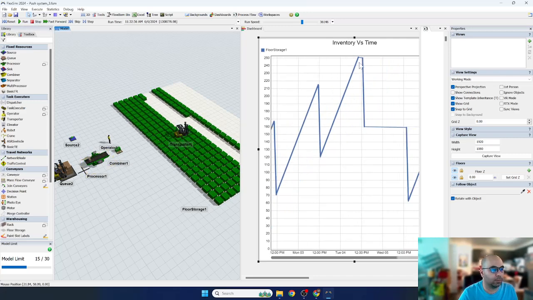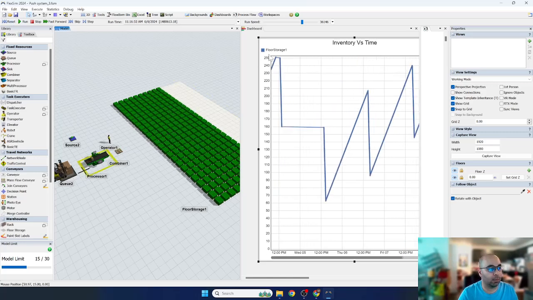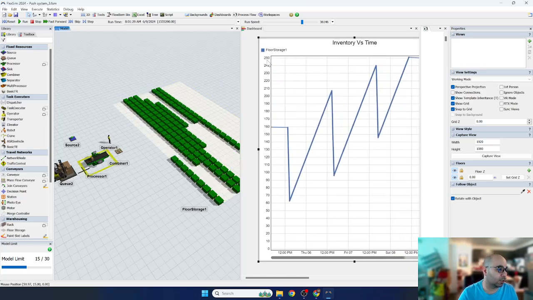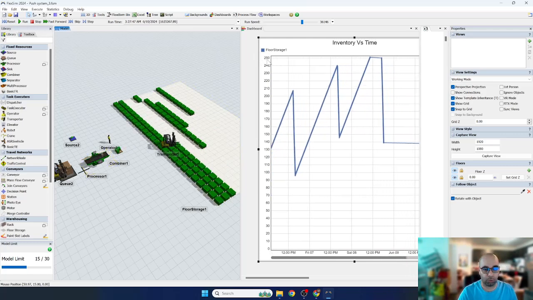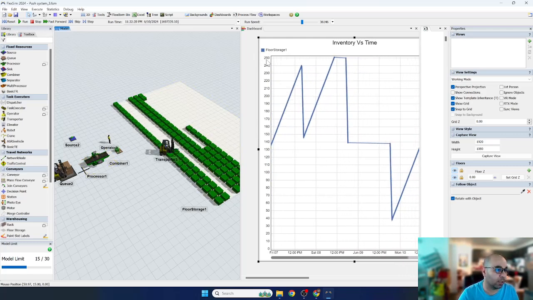Here means I had too much inventory, so the operation cannot make any more parts because there is no space to store those parts. So they stop until the truck comes in the next day to pick up parts from the storage area to ship to the customer, and then we start building inventory. We have to remember this number, 250 skids. We're going to need that much worth of space in order to run this simulation.